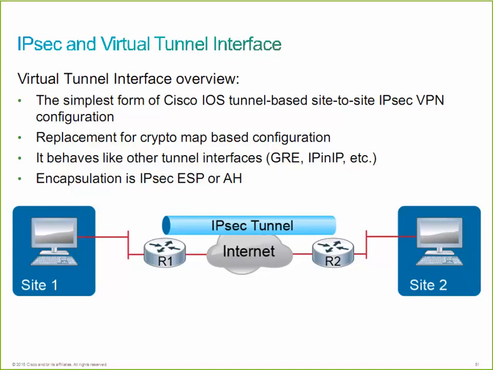I'm trying to think of how I can describe that concept so it's better understood, because this is a significant difference from what you would see with just a standard IPSec tunnel integrated with GRE.